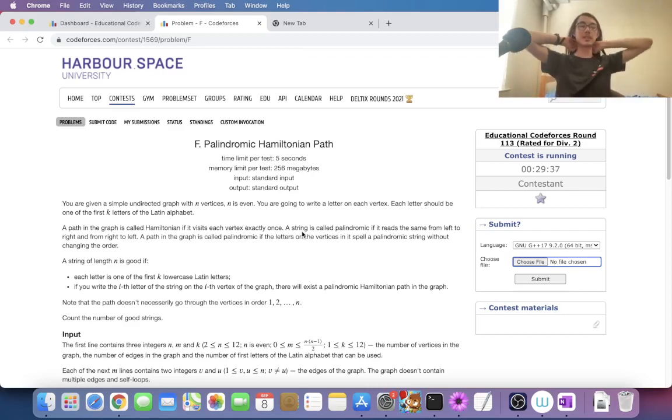You're given a simple undirected graph with n vertices, and n is even. You're going to write a letter on each vertex. A path in the graph is called Hamiltonian if it visits each vertex exactly once. A string is called palindromic if it reads the same from left to right and from right to left.